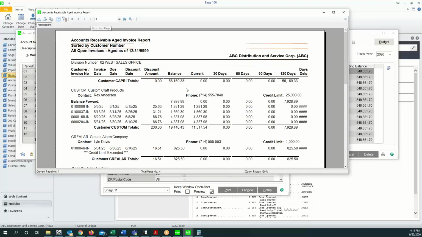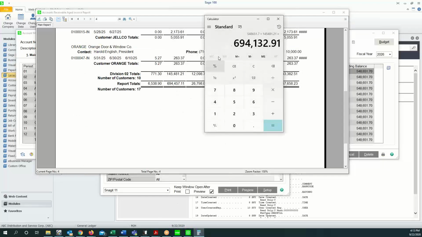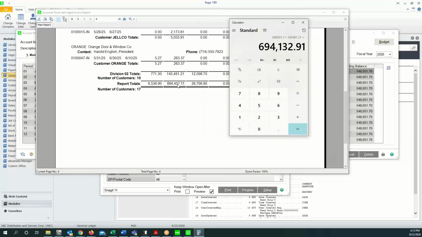And when we look at the grand total at the end, we can see that we actually are still off. We are representing the balance as it stood at the end of the May period for which we just ran the report. So the first thing that this tells me is that we don't have a timing difference, but we have some sort of a transactional difference.